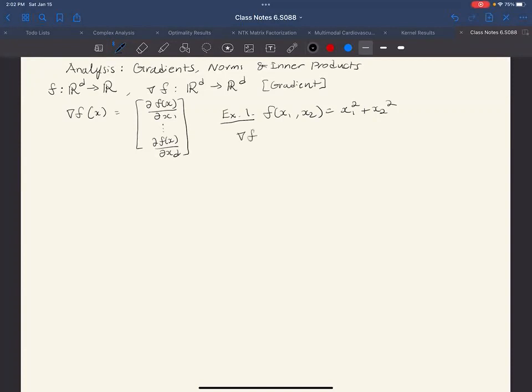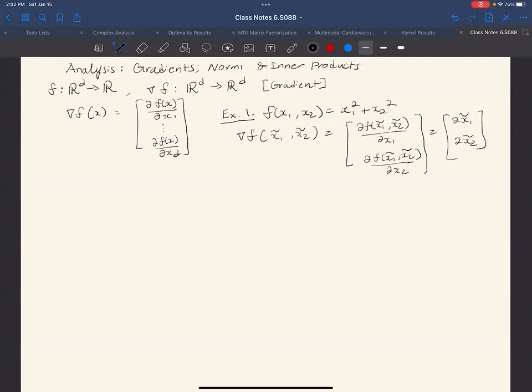Then the gradient of f at any point x1 tilde, x2 tilde is just, I compute the partial derivative of f with respect to x1, and the partial derivative of f with respect to x2. Well, the top one, I've made it simple on my life, is just 2x1 tilde. The bottom one is just 2x2 tilde. And that's it, that's the gradient.